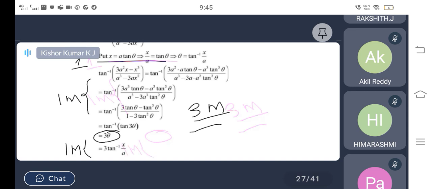So this is the way of splitting the problem. If you have forgotten any one of these steps, they will definitely deduct the marks. That's why I'm telling, whatever steps I have given in each problem, follow the same steps to get complete marks. Don't lose the marks.